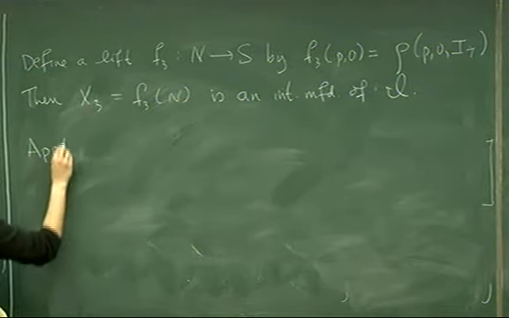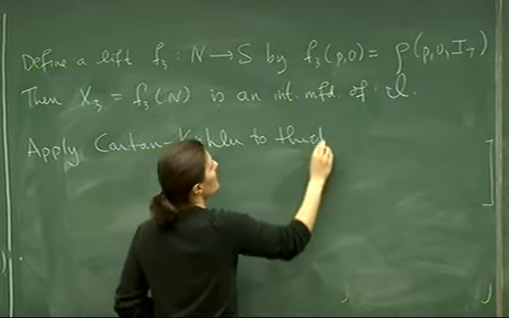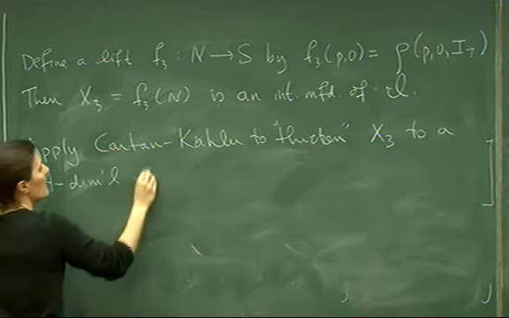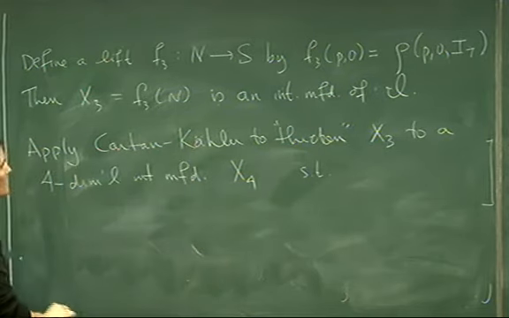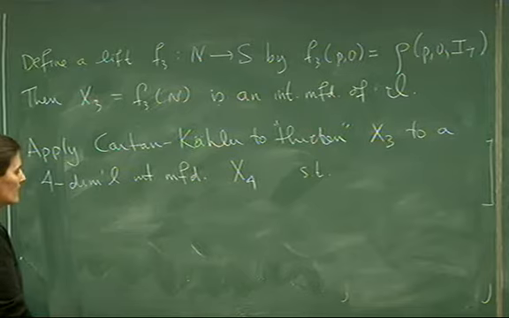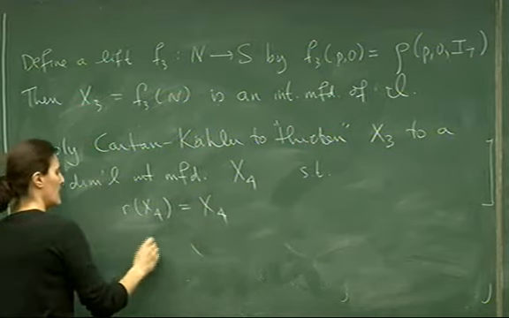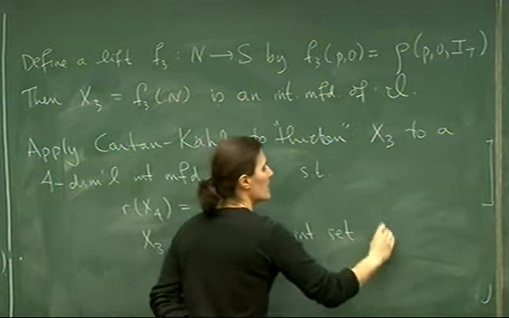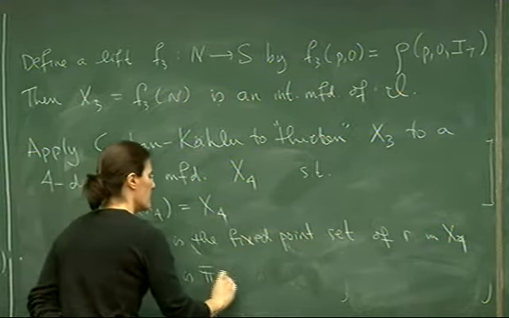And now apply Cartan-Kähler to thicken X3 to a four-dimensional integral manifold X4 such that, first, let me say this and then justify it because I didn't mention what I need for this, such that it is closed under R and X3 is the fixed point set of R in X4, and X4 is pi transverse.